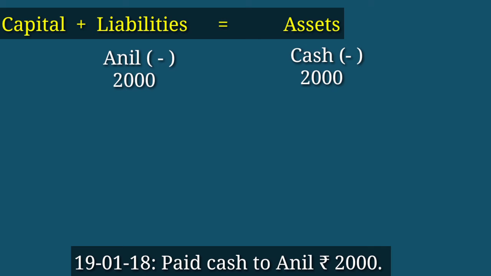Here creditor Anil is decreasing. When liability is decreasing, we need to debit. And cash also decreasing. When asset is decreasing, we need to credit.